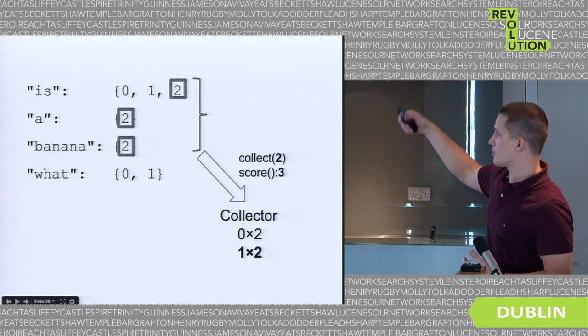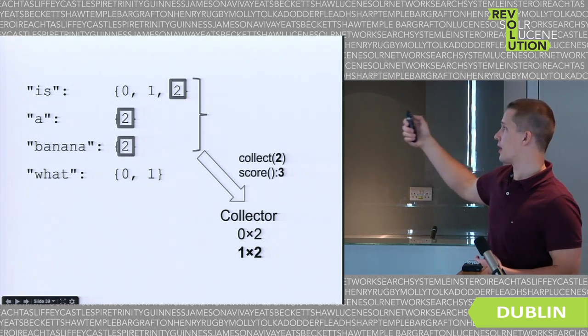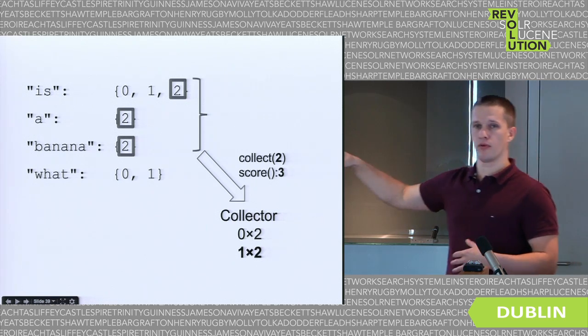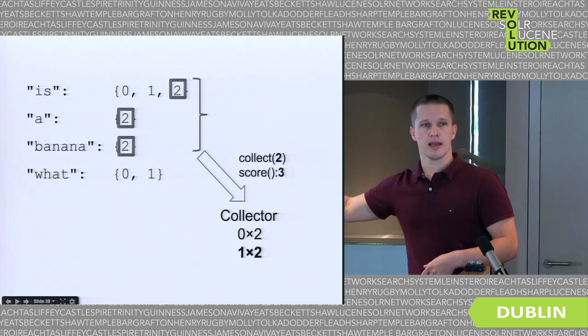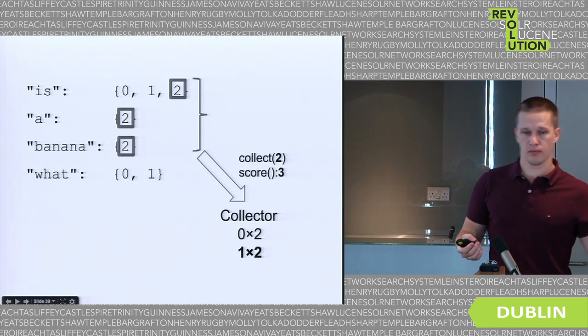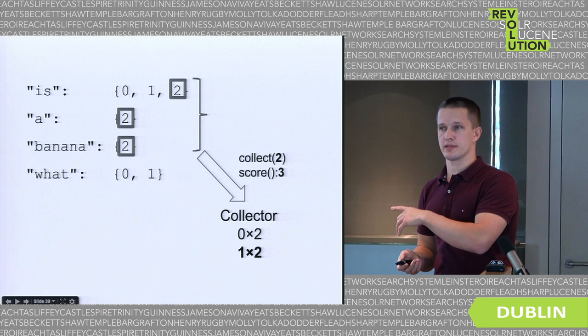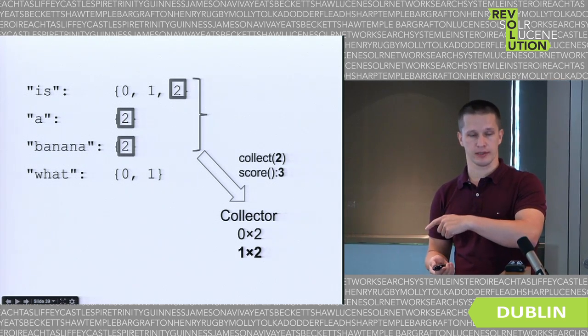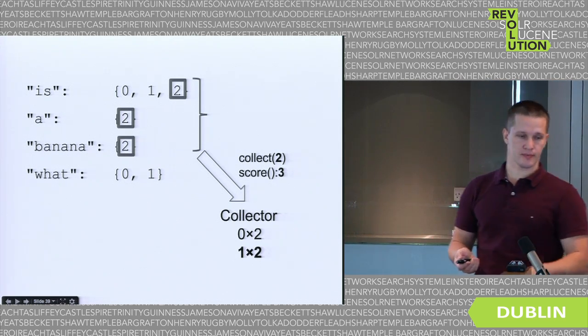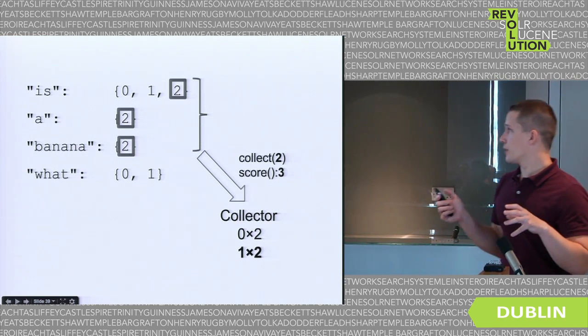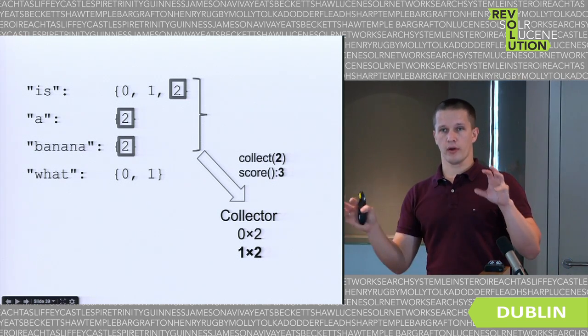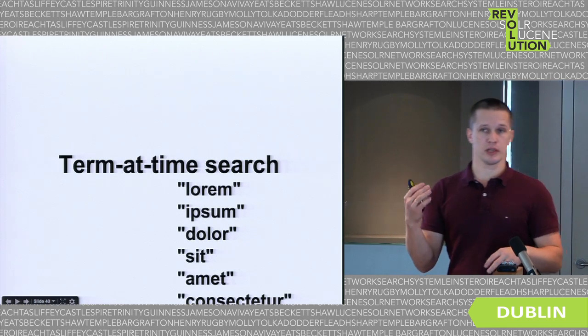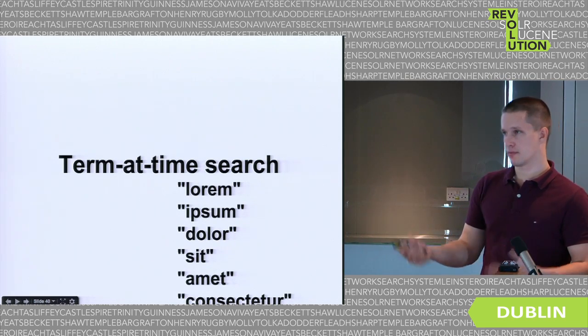Only after we process all posting lists do we get final scores for documents in the accumulator, and it allows us to push all these results from the accumulator to the collector. Looks like this.